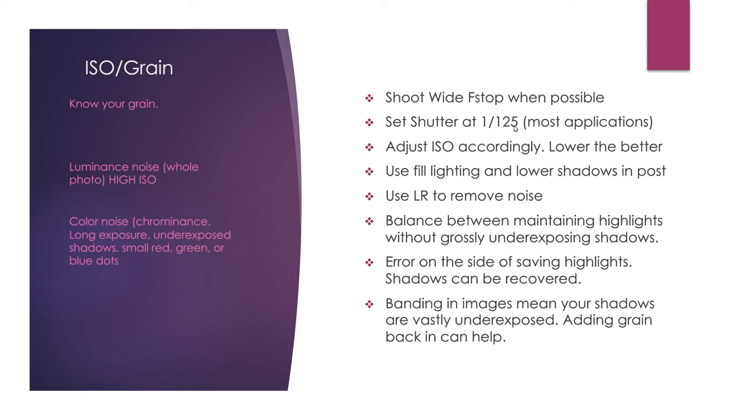Anyway, so again, get off auto. At least shoot in a priority mode, because I can tell when people are getting these high shutter speeds and then really high ISO, that tells me they're shooting on auto or some weird priority mode that I'm not aware of. That would be my biggest thing.